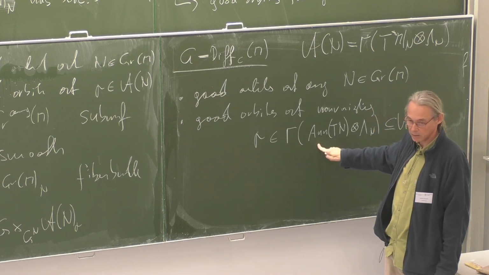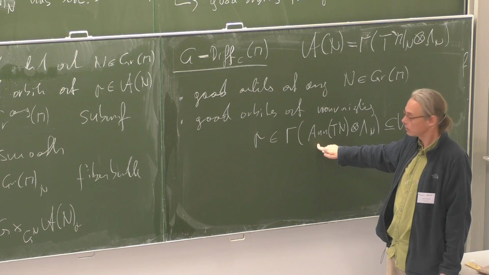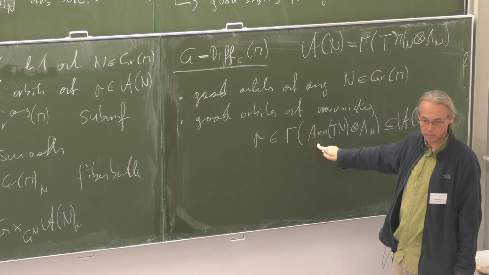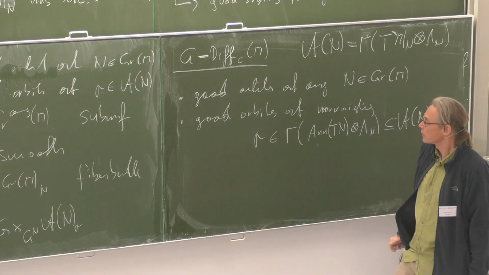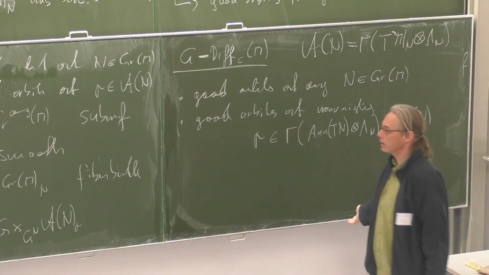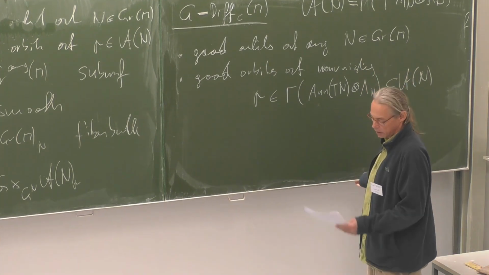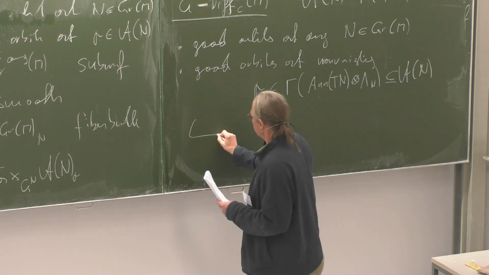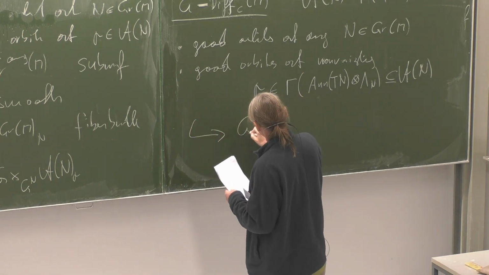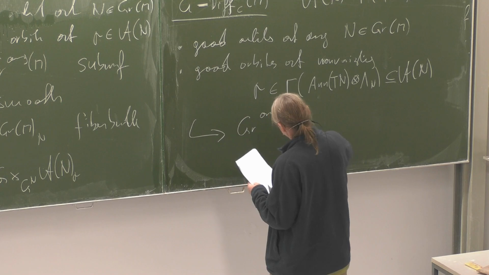And through these gamma, we do have good orbits, and actually open orbits in this space. So then these two assumptions are satisfied, and we get a smooth structure on the augmented nonlinear Grassmannian that can actually be identified.